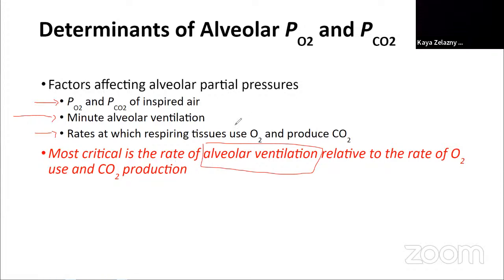We calculated the minute ventilation by taking the size of your breath, tidal volume about 500, and multiplying it by how many times you're breathing in a minute. We said the average normal was about 12. And then for the alveolar ventilation, we subtracted out the dead air space.